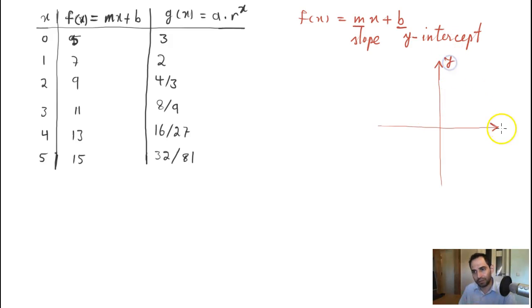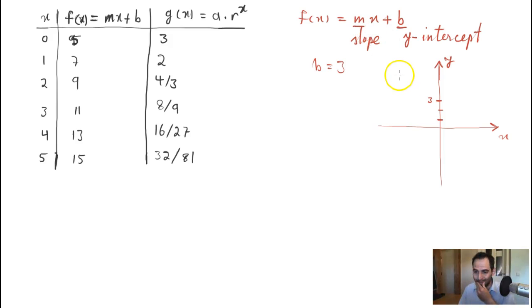So this is the y-axis, and for example, if this is 1, 2, and 3 here, and the graph goes through the y-axis at this point, then your y-intercept, your b here, is equal to 3.